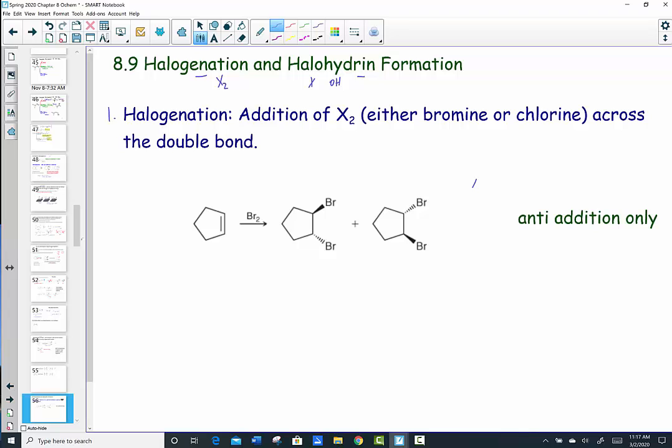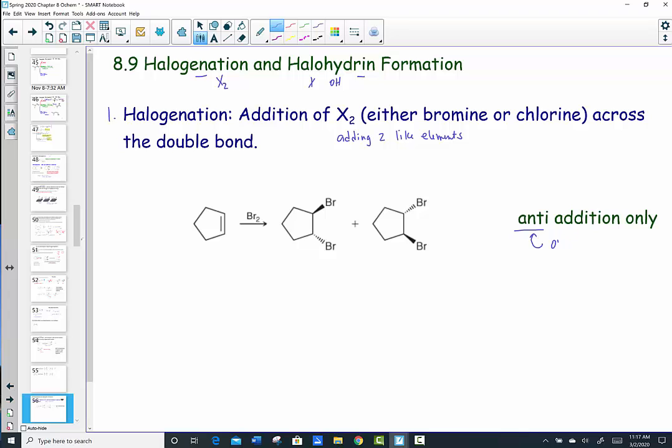the halogenation first. Notice that we're adding two like elements, just like we did with the hydrogen a moment ago. When you add two like elements, there really is no regio consideration, but there is definitely a stereo consideration. Now, the halogenation process adds across the double bond in the anti-position only.